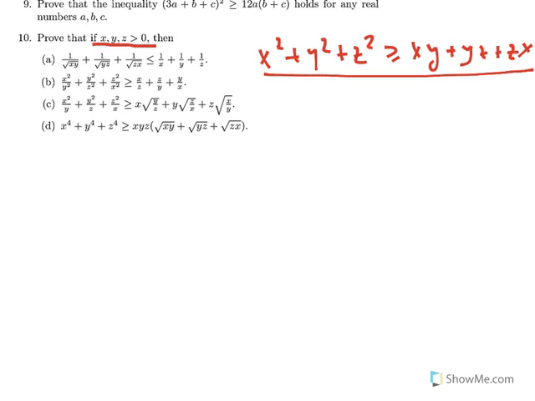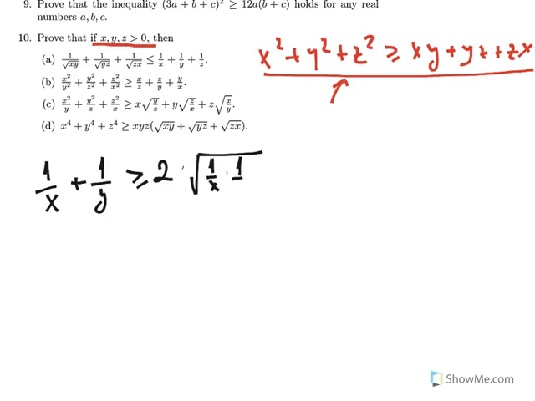Well, here remember the technique that we used in proving the inequality that we did previously. If we apply the AM-GM inequality two by two for these terms, 1 over x plus 1 over y is greater than or equal to 2 times the square root of 1 over x times 1 over y.